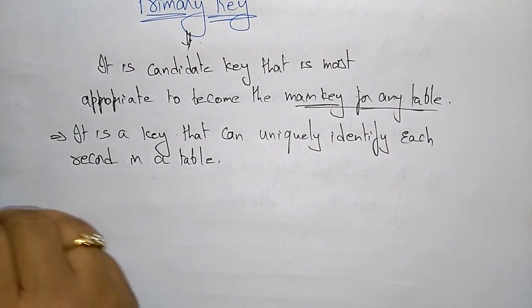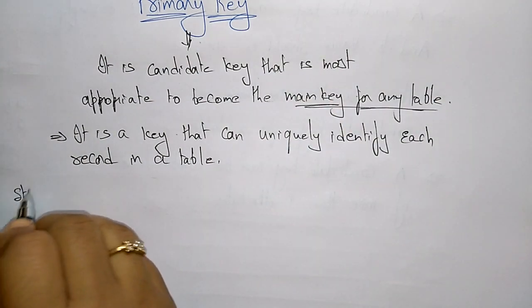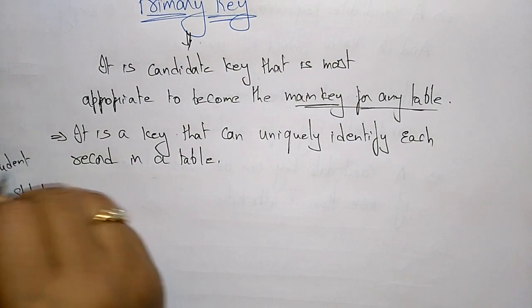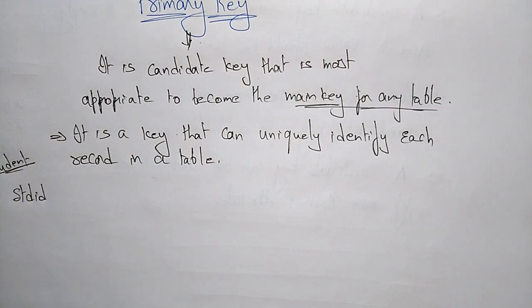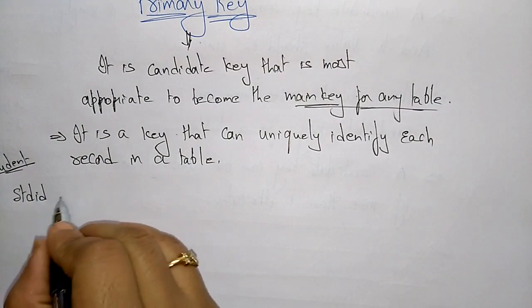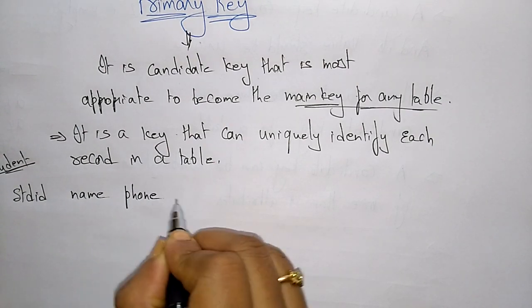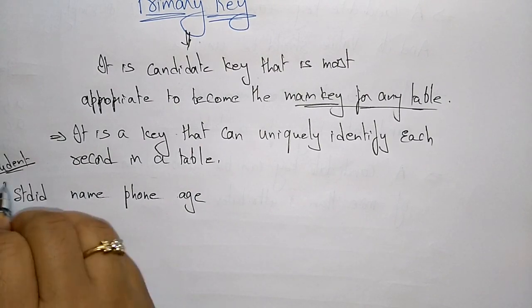Let me take an example for this. Whatever I had taken in the previous video, the student ID. Student is the relation, the table name. Here I am taking the student ID, student name, phone number, age, as I had taken previously.